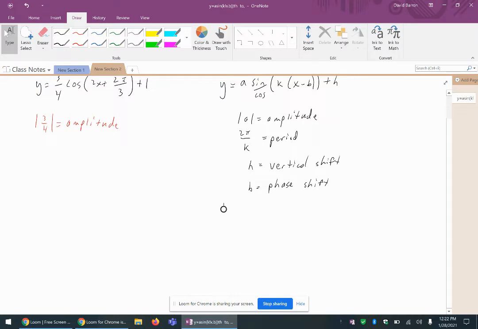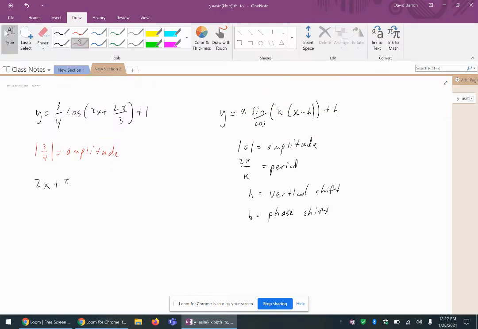In order to find the k, we need to factor what's inside our parentheses so that, if you'll note, in the generalized function there is a 1 in front of the x and a number in front of the parentheses. So we need to factor our 2x plus 2 pi over 3 and pull out the thing that's in front of the x.